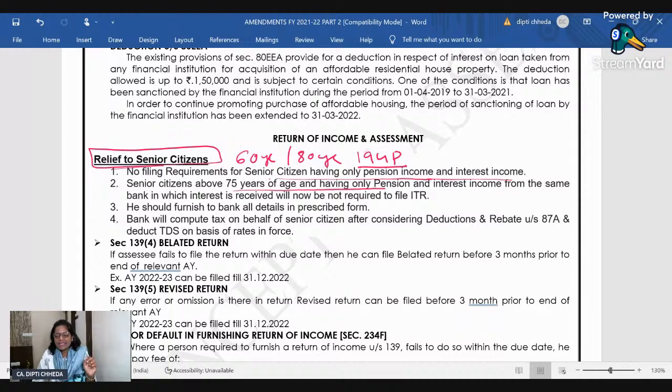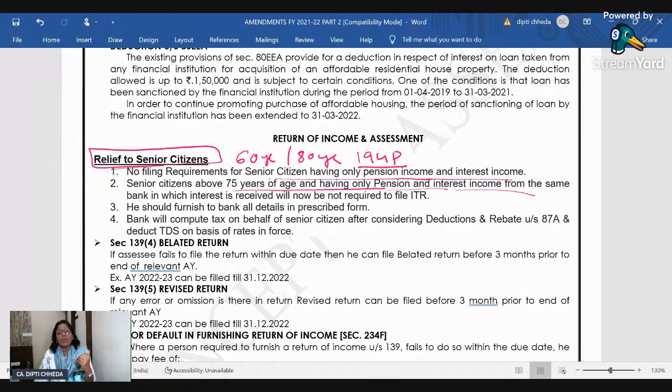So not 60 years, not 80 years, 75 years and up, having only pension income and interest income. And interest income also from the same bank in which pension is put up.